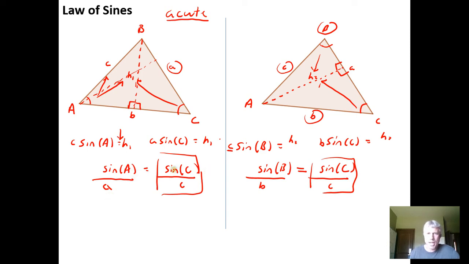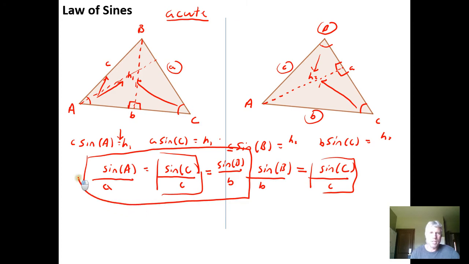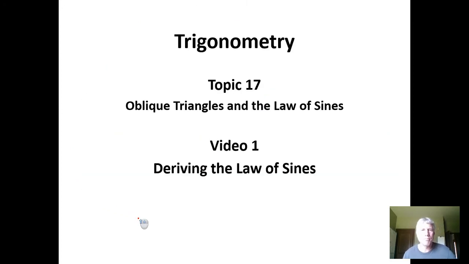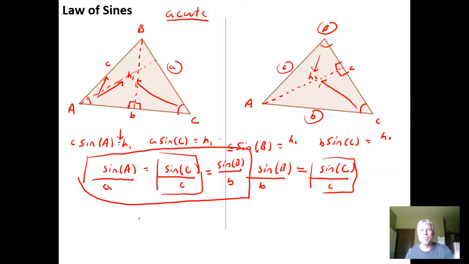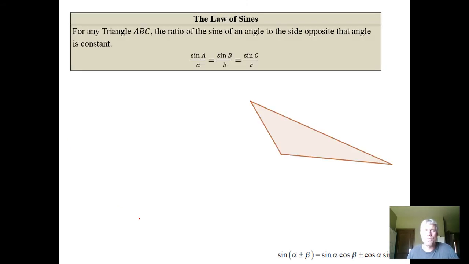If sine a over a is sine c over c, and sine b over b is sine c over c, then all three ratios are equal to each other. This relationship is the law of sines. So that derives the law of sines for the acute triangle case.